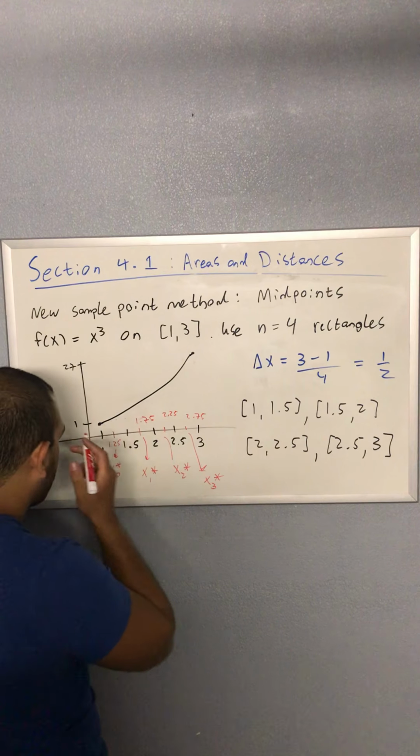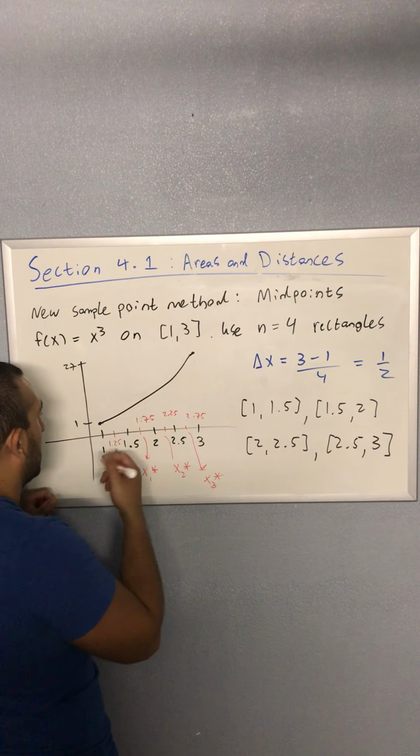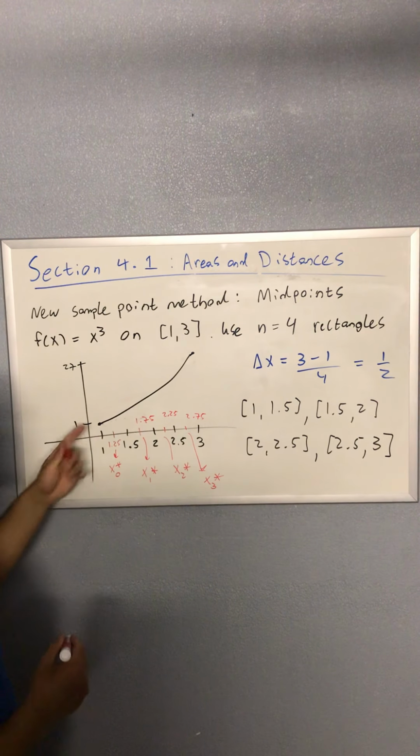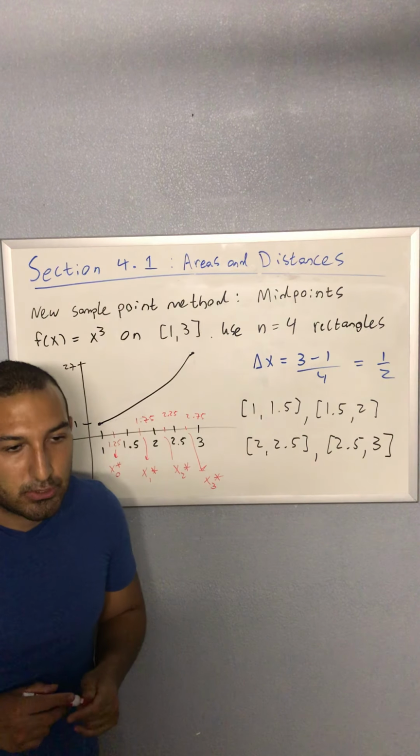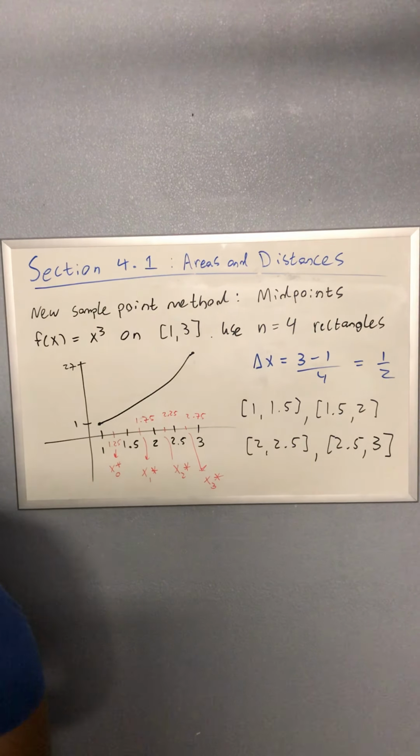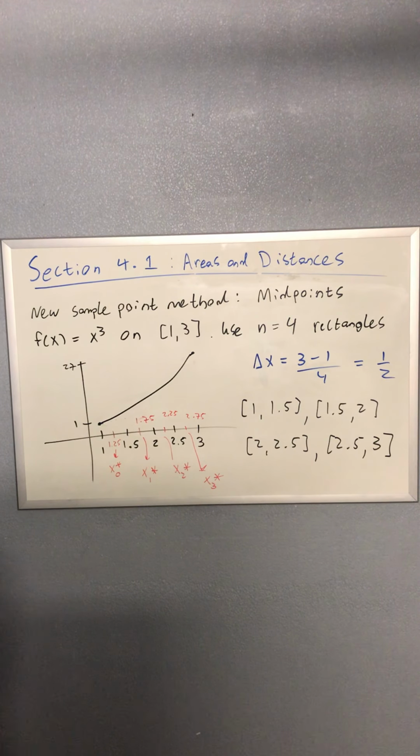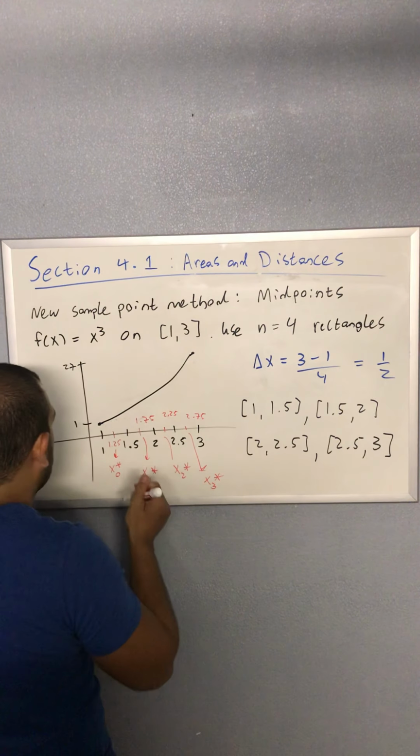So now we're going to take 1.25 and cube that essentially. I don't know if we can do a full fraction, so maybe I'll just leave it like this.